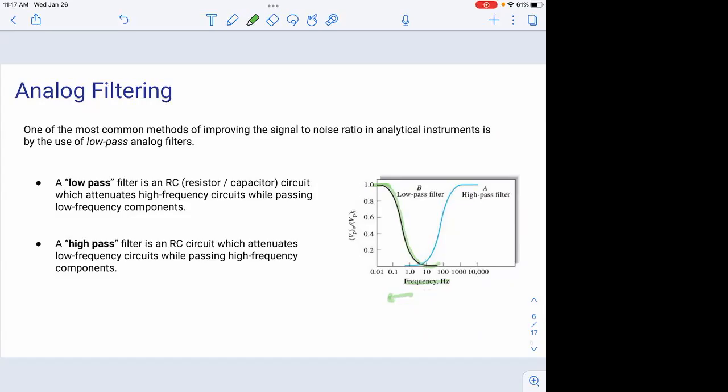A high pass filter does the exact opposite thing. So anything that's high frequency, so on this side of the plot, goes through. There's high passing of that frequency signal. And anything that's of low frequency gets shielded out.